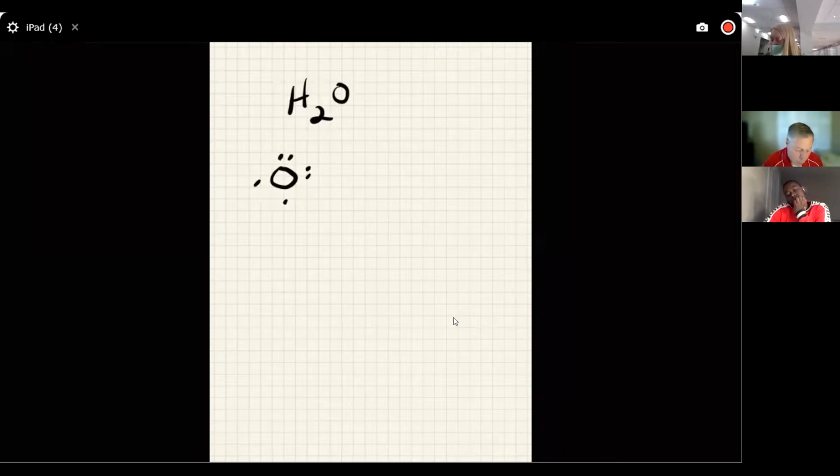All right. Now, once they're paired up, they're not available to bond, not in a conventional sense. They could form coordinate covalent bonds, but that's for a later lecture. So the 2 places that we can form chemical bonds are here and here. So let's just put our hydrogens in there. So we've got an oxygen atom. Lone pair, lone pair. By the way, that's what we call these, lone pairs. Forgot to mention that.